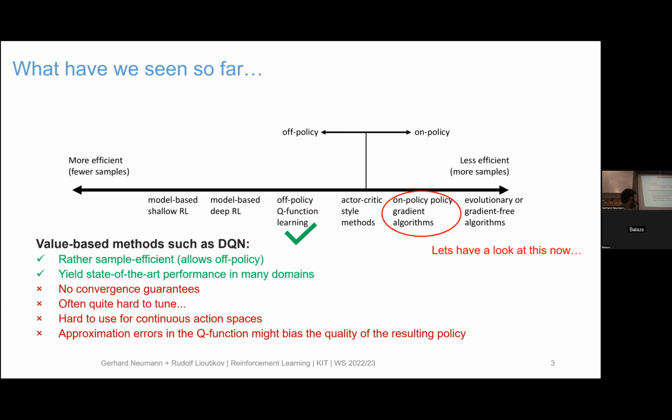That's why it yields state-of-the-art performance in many domains, especially if you have simulations of the task you want and the simulation is rather fast. Then sample complexity doesn't really worry you, and you just throw these algorithms on and they work.